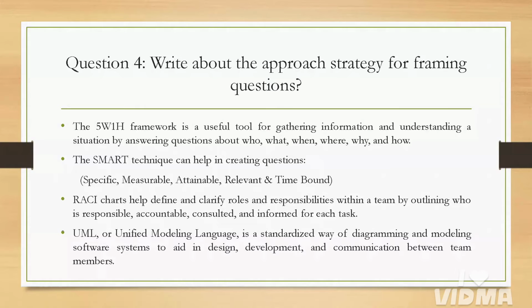For example: who is responsible for this task, what resources are required to implement this requirement, when it will be implemented, where it will actually reflect, why this requirement should be added to the project, and how it will get implemented.